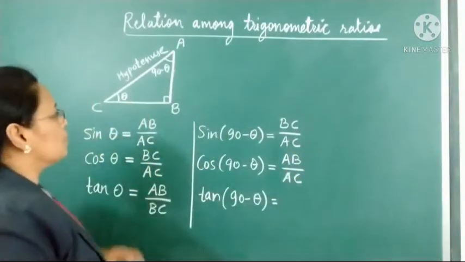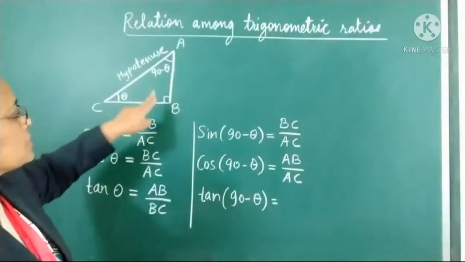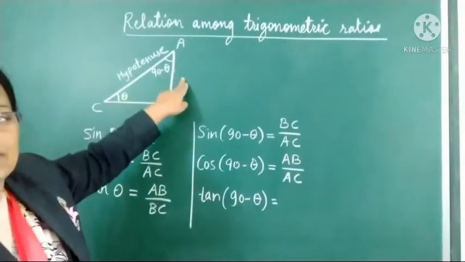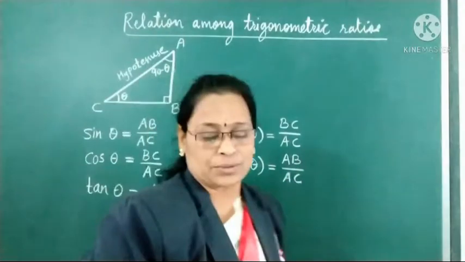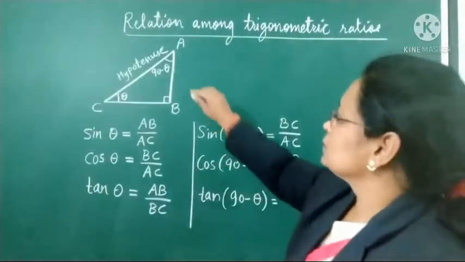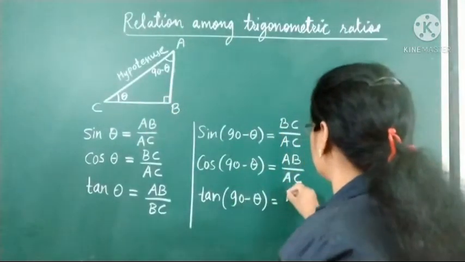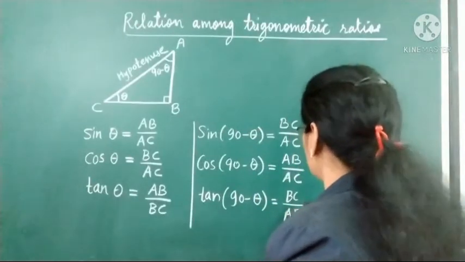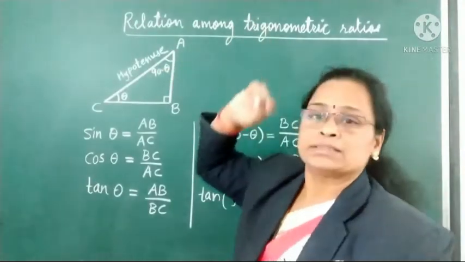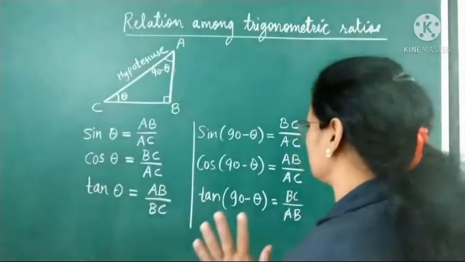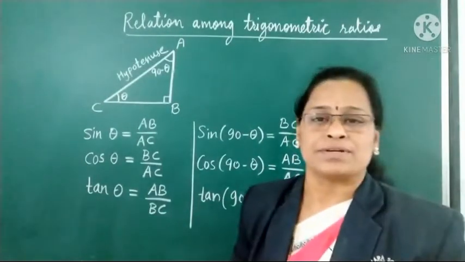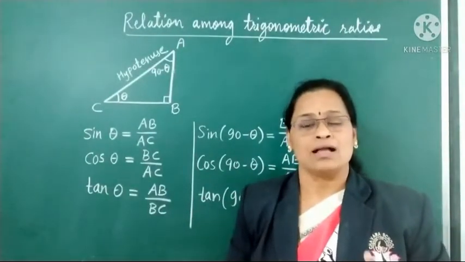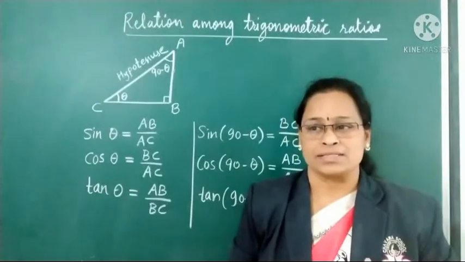And tan of 90 minus theta is opposite side to adjacent side. The opposite side is BC and the adjacent side is AB. So these are the six ratios we have written, three for angle theta and three for angle 90 minus theta.